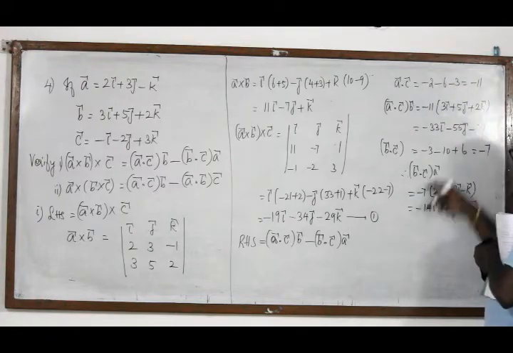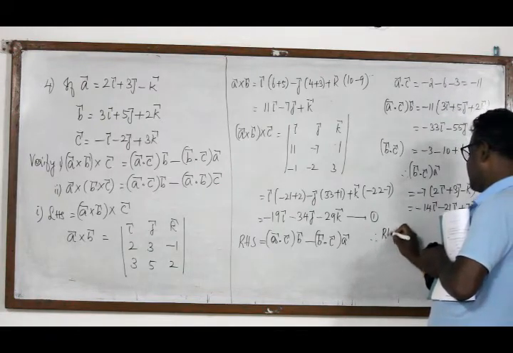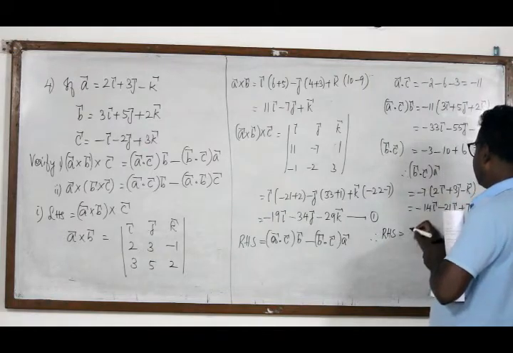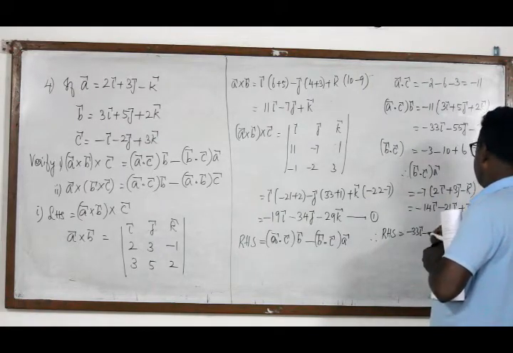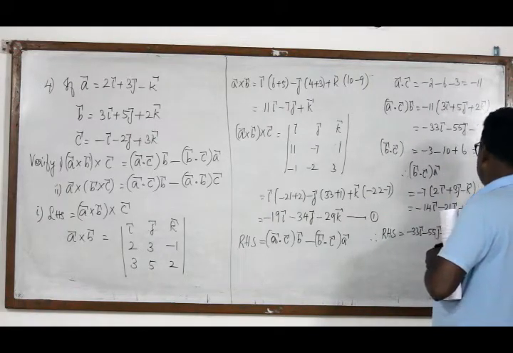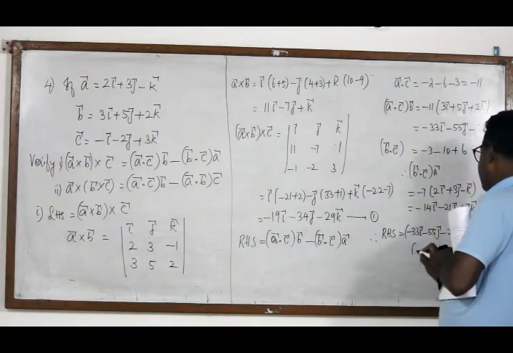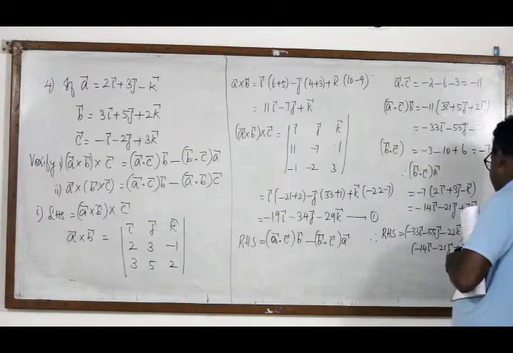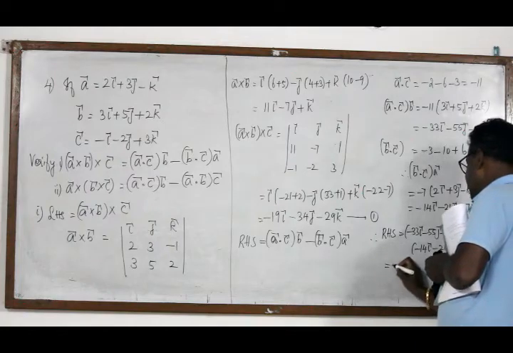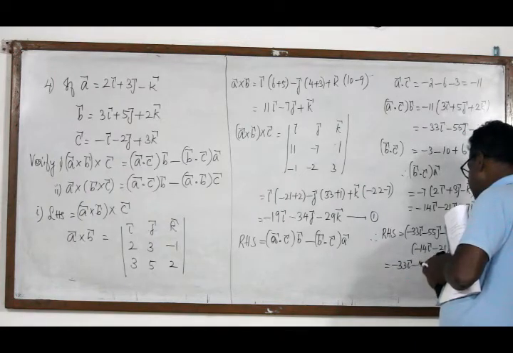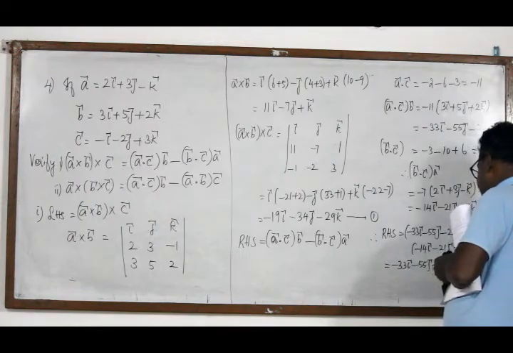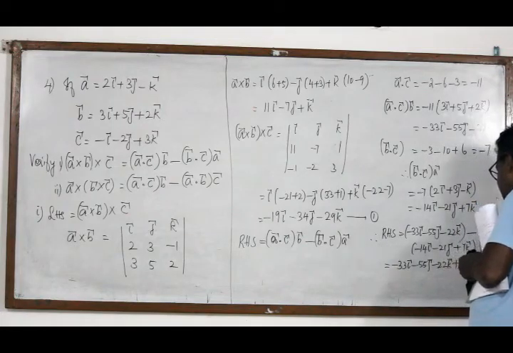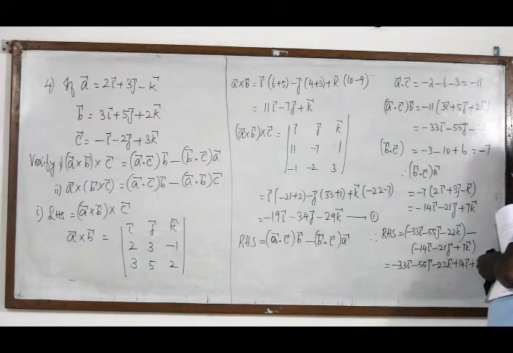Now I have to subtract these two. Therefore RHS is this vector, that is minus 33i minus 55j minus 22k minus minus 14i minus 21j plus 7k. So it is minus 33i minus 55j minus 22k plus 14i plus 21j minus 7k.